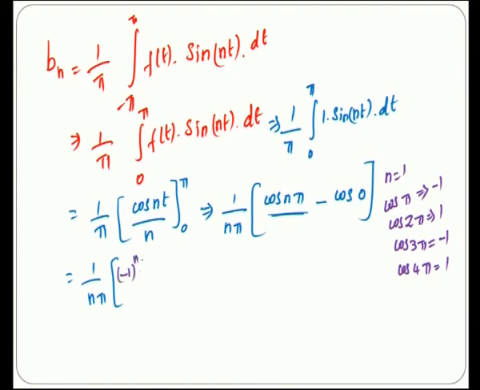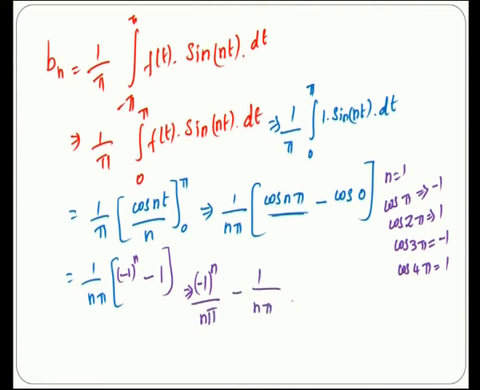If n is even, then you get plus 1; if n is odd, then you get minus 1. Then minus the answer, which is cos 0 value, that is 1. So, it can be written as 1 by n pi into minus 1 power n, minus 1 by n pi.